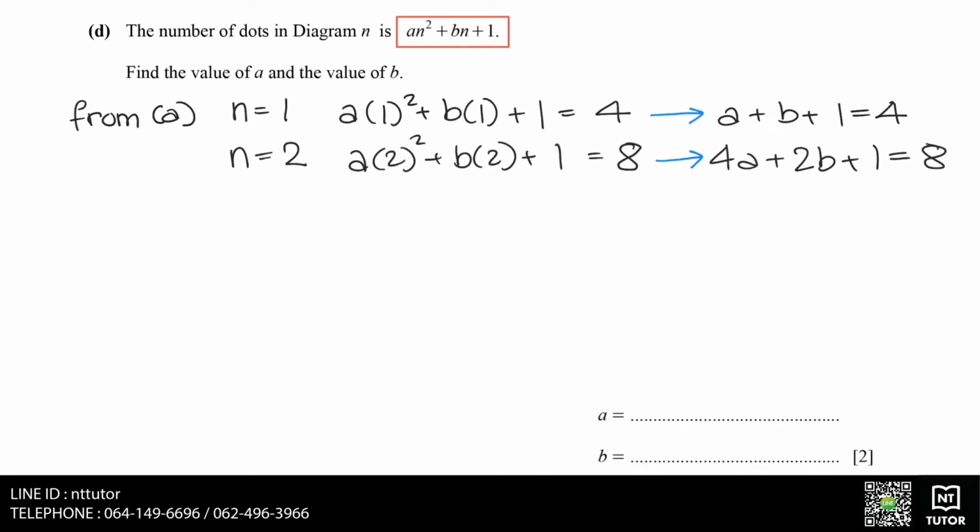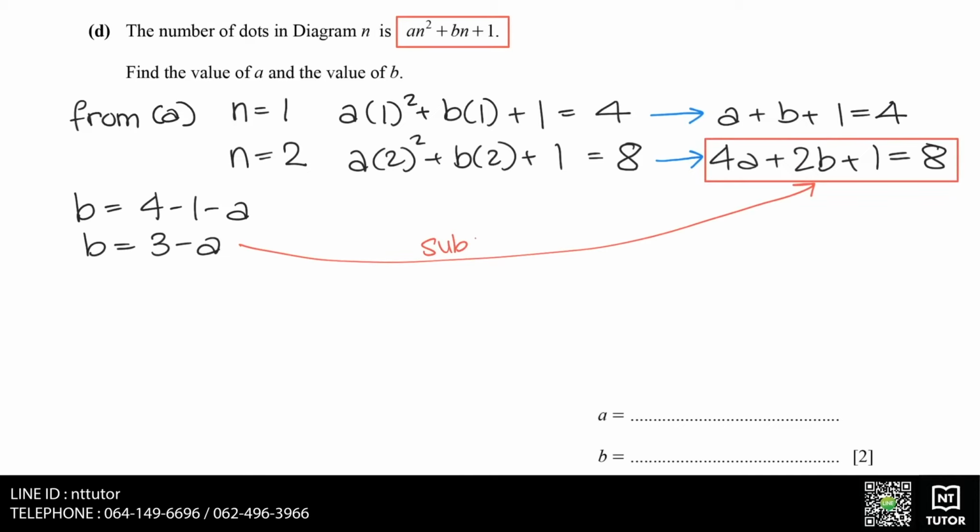And now we have two expressions in terms of a and b that we can solve simultaneously. There are many ways to solve simultaneous equations. In this question, we are going to rearrange one of them for b and use it to substitute it into the other one to find the value of a.